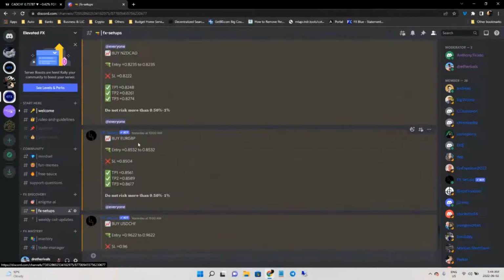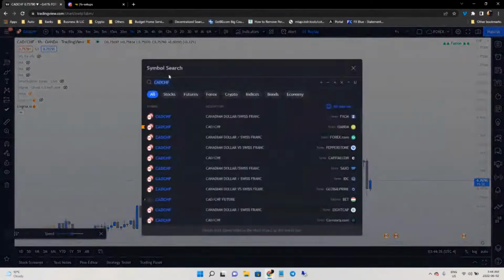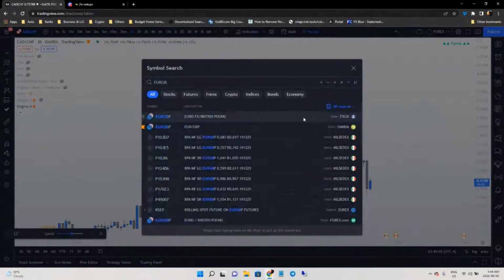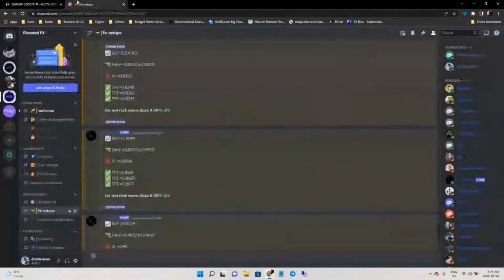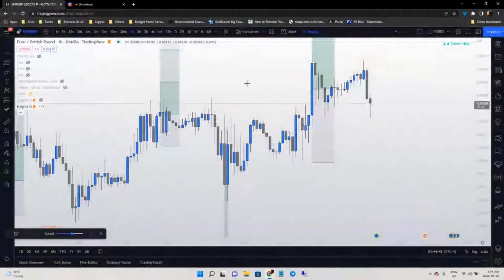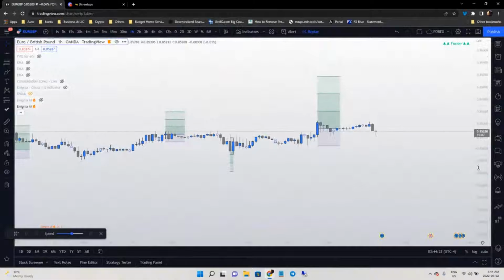We had the Euro GBP for buy. Euro GBP. And that was on, so it was yesterday. For buy. Right there.